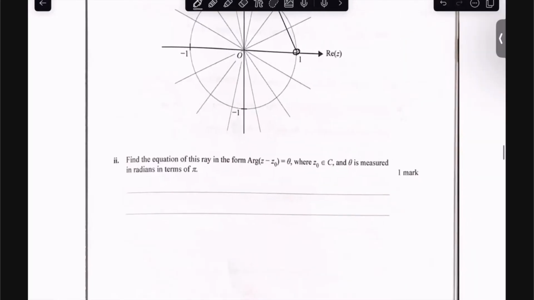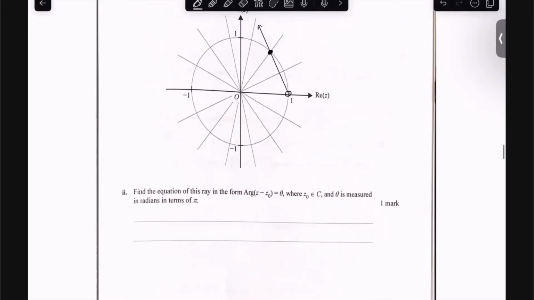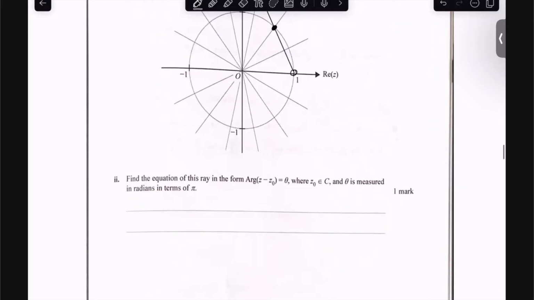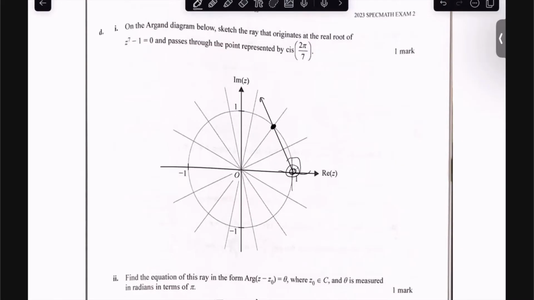Find the equation of the ray in the form arg(z minus z0) is equal to theta. So if you just draw, first of all, this is the starting point, z0 is equal to 1, and then the angle, you basically want to know this angle, right?